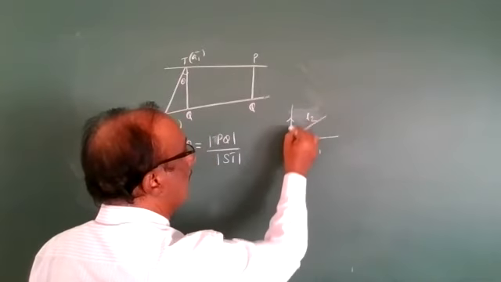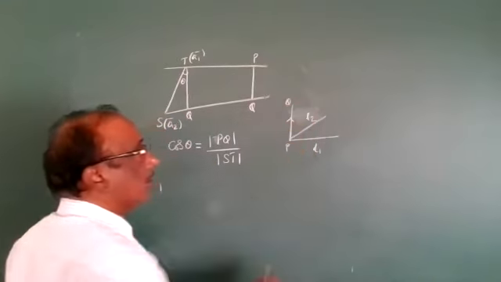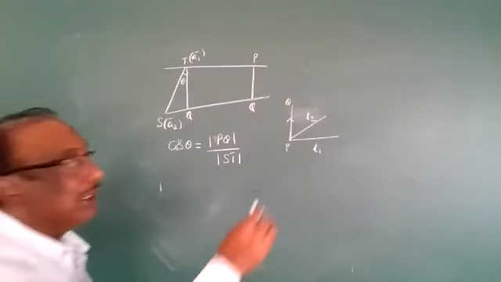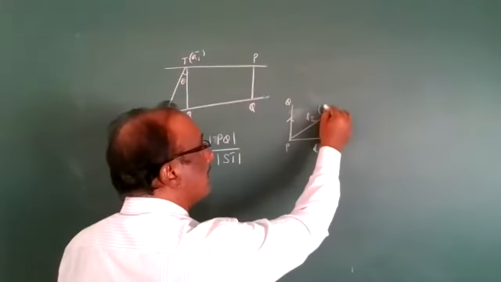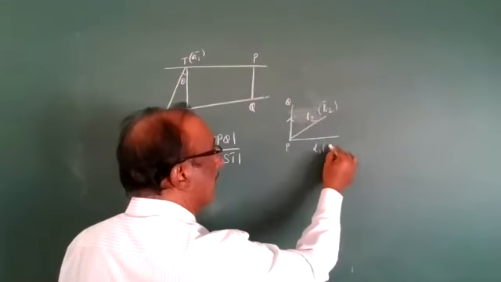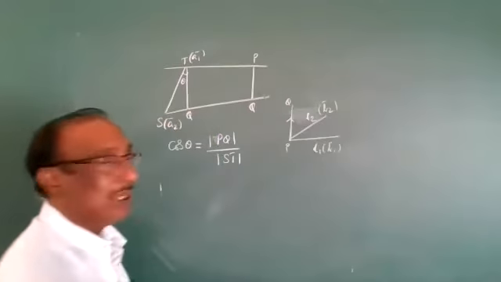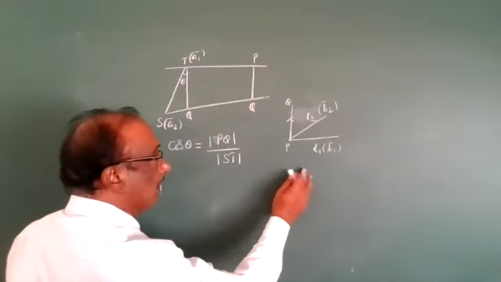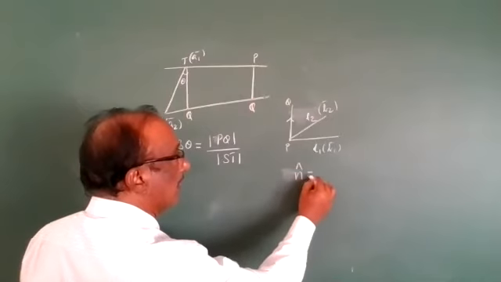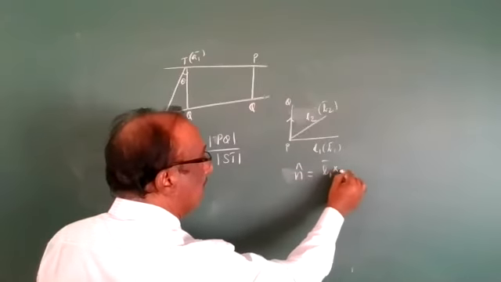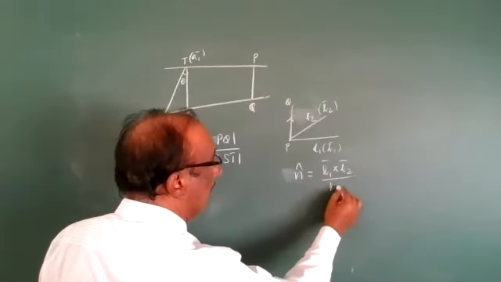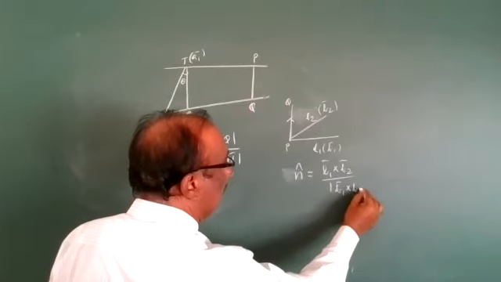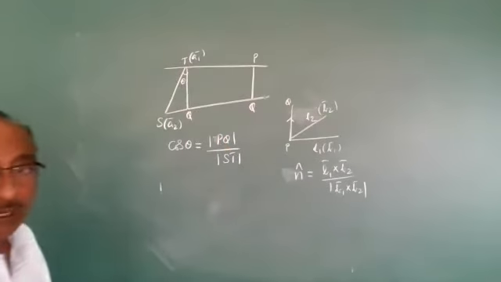L2's direction is B2 bar, L1's direction is B1 bar. Therefore the direction of PQ is N cap, equal to B1 bar cross B2 bar by modulus of B1 bar cross B2 bar. Okay, the direction is completed.